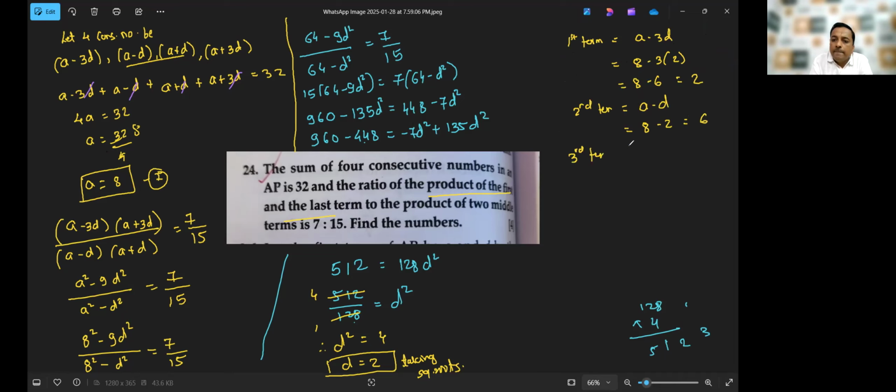Third term, that is a plus d. So you have to write this, सब लिखना है तुम लोगों को, 10. And then fourth term, that is a plus 3d. तो क्या होगा? a, that is 8 plus 3 times 2. तो 8 plus 6, that is 14. तो sum solved.